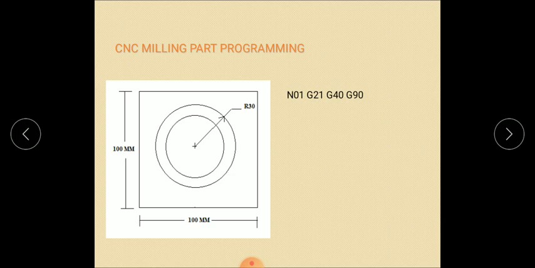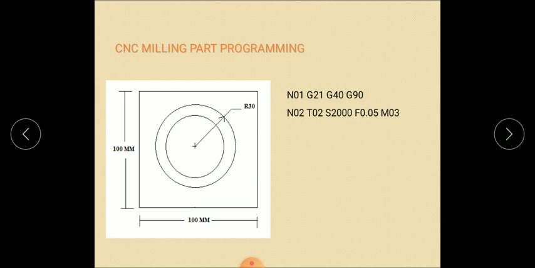G21 is the input, that is the metric unit selection. Next, G40 is the cutter compensation cancel. G90 is the absolute dimensioning.